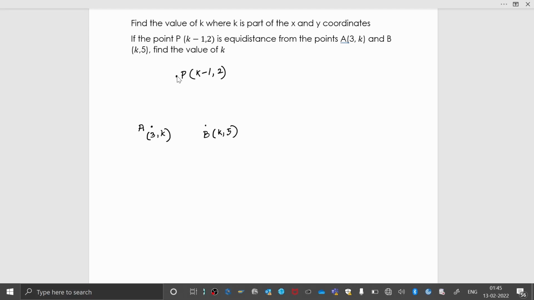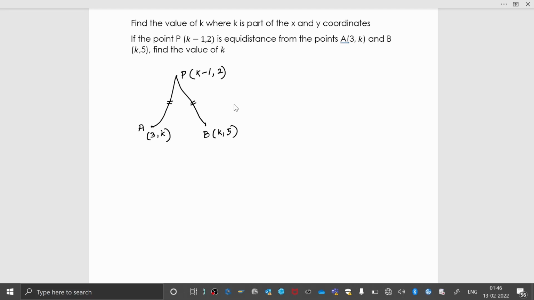Now let us draw the straight lines from P to A and P to B. According to this problem, P is equidistant from point A and point B. So my PA is basically equal to PB.